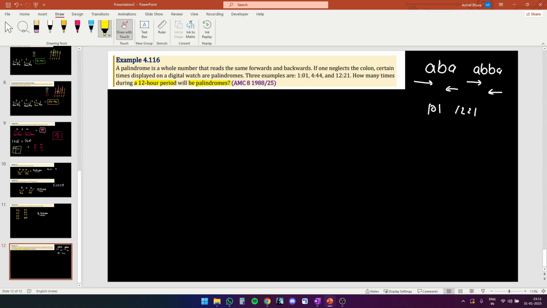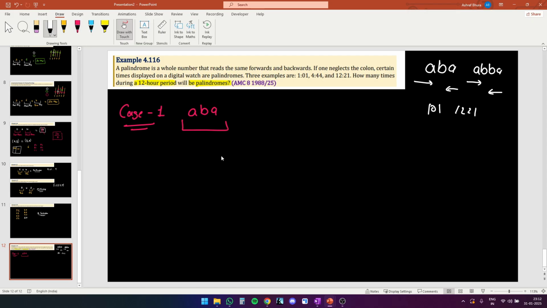Okay, so first thing, can I say that there will be only two cases because the maximum digits are 4? So either it is going to be ABA, so for example 101, or it is going to be ABBA, which is 1221. Okay, so let's talk about the ABA case.